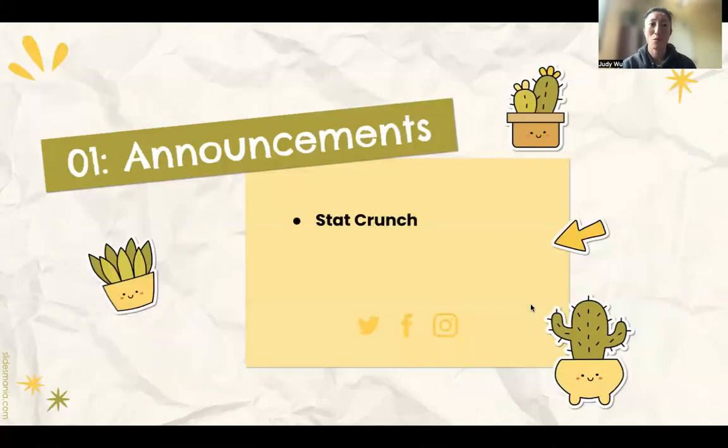All right, so one announcement, and that announcement is StatCrunch, okay? I wanted to remind you that StatCrunch is something that we have in this course, and that the expectation when you're doing your homeworks is not to sit and use a calculator or even do it out by hand, but the expectation is that you're using StatCrunch, okay?